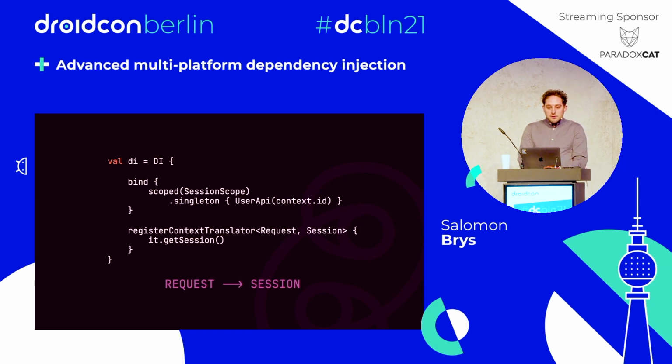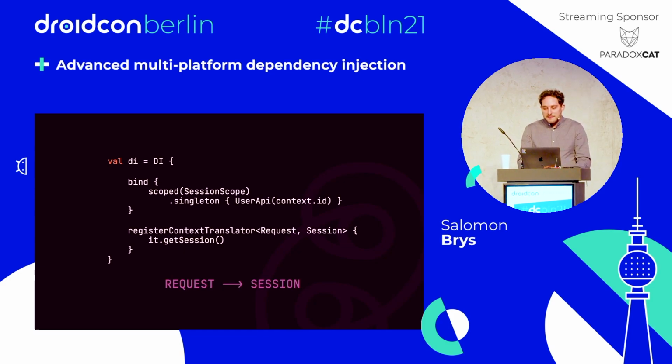So now you can get a user API instance with a session context, but you can also get a user API instance with a request context, because Kodein-DI knows how to translate request to session.